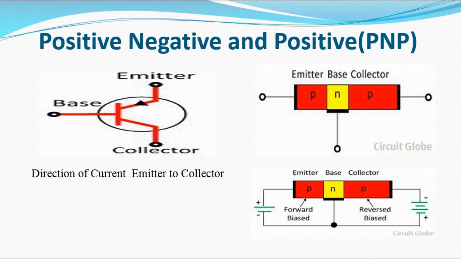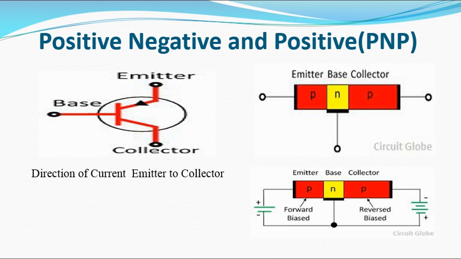So the difference is NPN is electron, while PNP is hole. So in PNP transistor, the current flows from emitter to collector because positive supply is given to the emitter, whereas in NPN transistor, the current flows from collector to emitter.